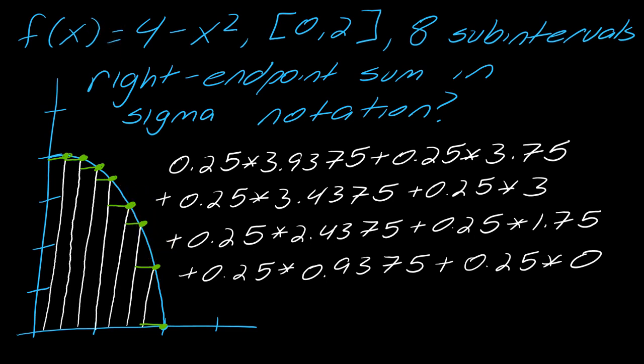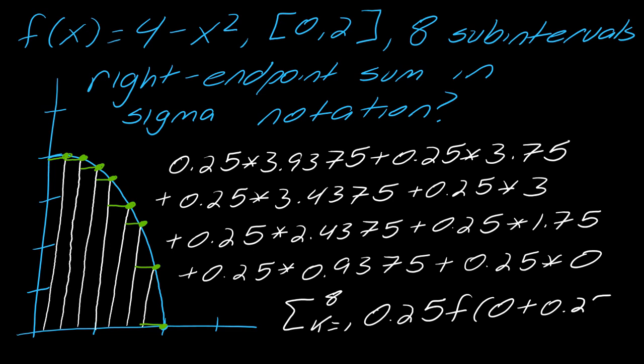So it looks very similar to the last sum that we had, but now I'm going from 1 to 8. And now my width is 0.25, and then I'll take 0 plus 0.25k this time.